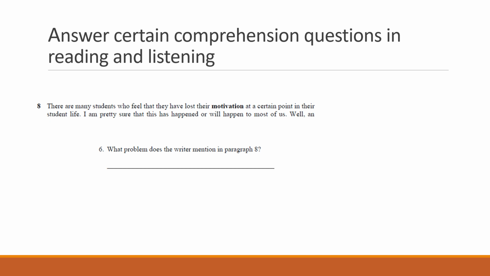It is not a good idea to copy the sentences from the paragraph and answer the question. You need to get the correct answer from the text and write it in your answer. You will focus on the problem here and you will write losing motivation. This is a simple example of how we need to use paraphrasing skills in comprehension questions.